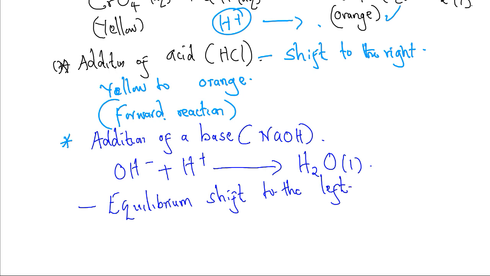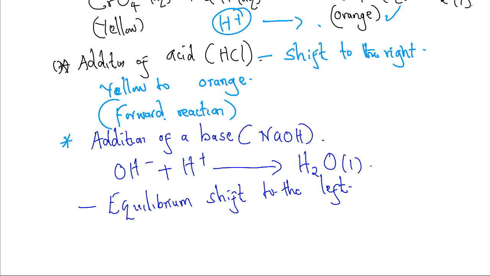Remember, the hydroxyl ion brought in by the sodium hydroxide will reduce the concentration of hydrogen ions. So the equilibrium must just shift in a direction that would form more of these hydrogen ions that have been removed by the hydroxyl ion from sodium hydroxide.